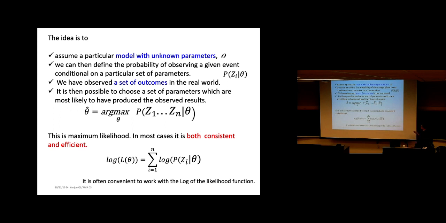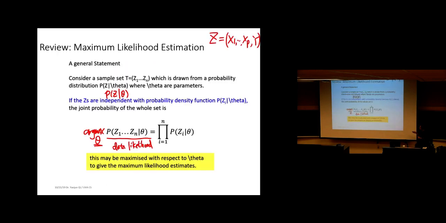This MLE solution is consistent and efficient. In the majority of cases, we don't directly use the data likelihood. We normally use the log data likelihood, because when n is really large, this is a lot of multiplication. Also, each one of those is a probability, and we reviewed that by the axioms of probability it is bounded from 0 to 1.